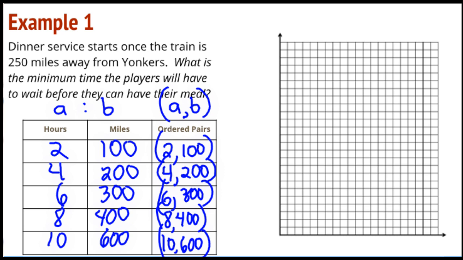So now, taking a look at the ordered pairs, we have a coordinate plane here. How would we put this information onto a coordinate plane? And this would be a great time to pause the video and try this out and then compare what you're doing with what I do.